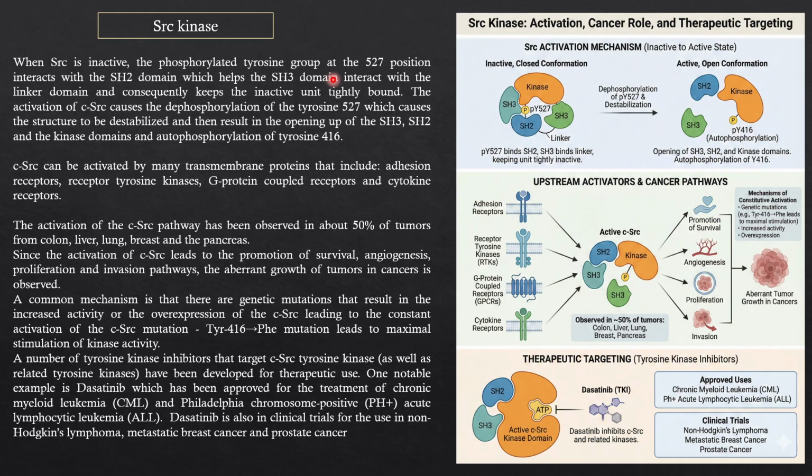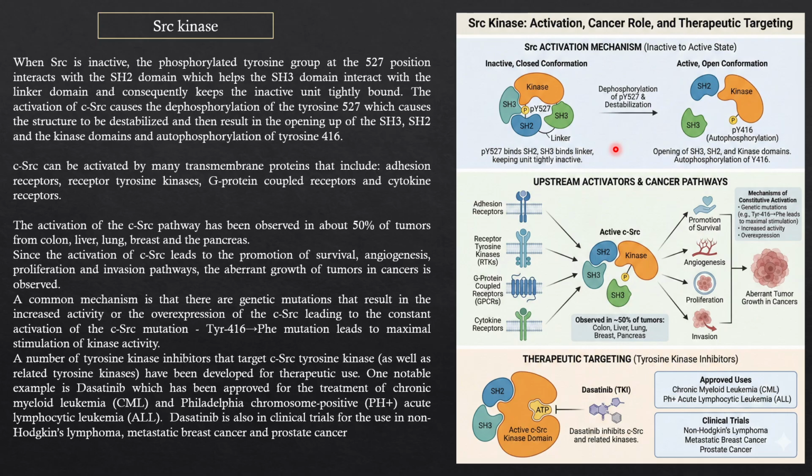Here we see how the SRC kinase is activated, its role in cancer, and how it is targeted therapeutically. The activation of the SRC occurs when Y527 is dephosphorylated. This disrupts the internal bonding between the SH2 domain and the phosphorylated tail, causing the structure to open up.